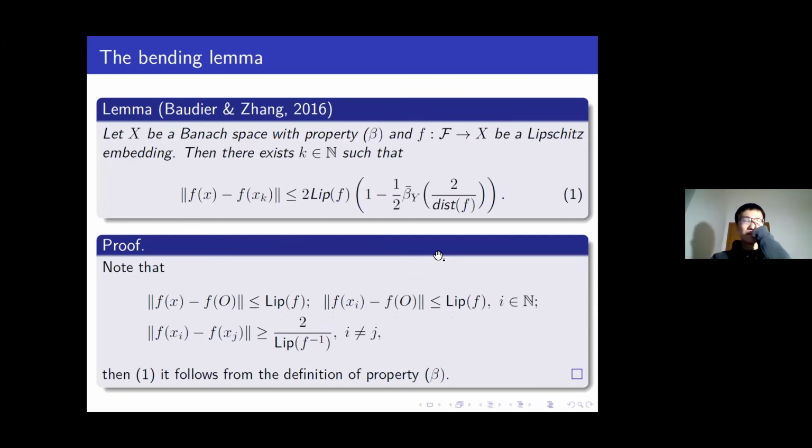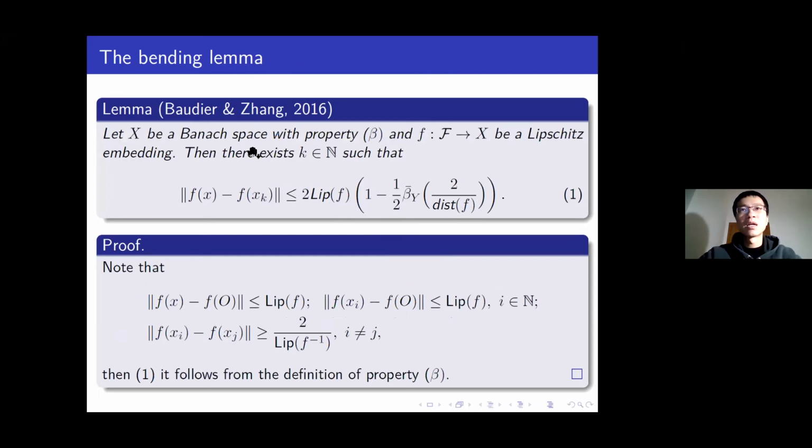So I'm going to recall the proof of non-embeddability of the countably branching tree into a space with property beta. The proof actually relies on the bending lemma.